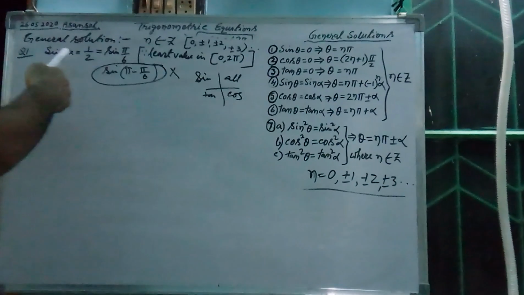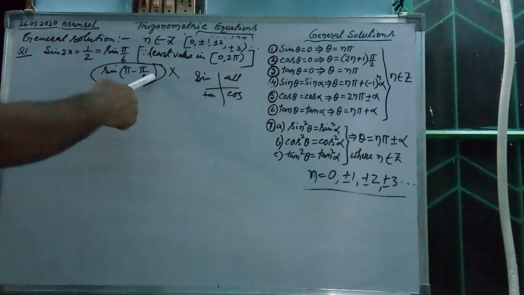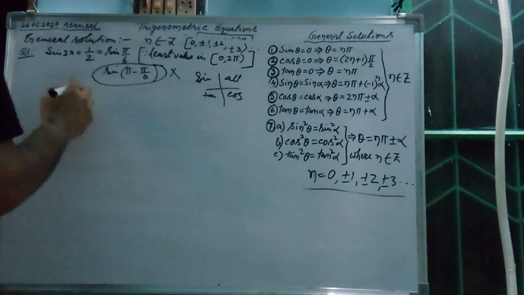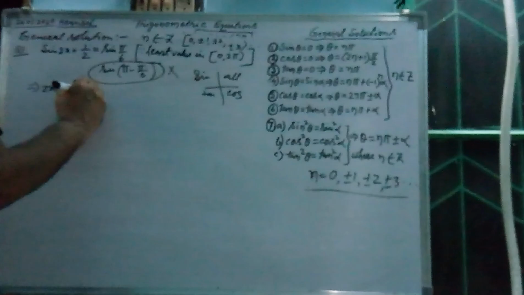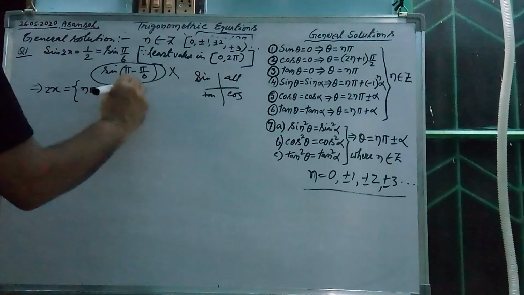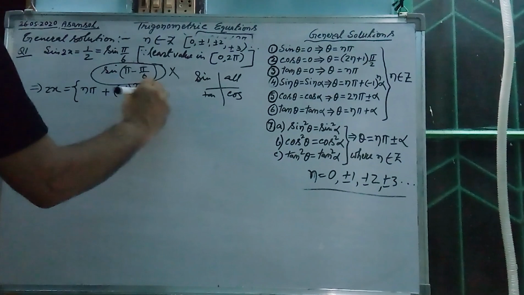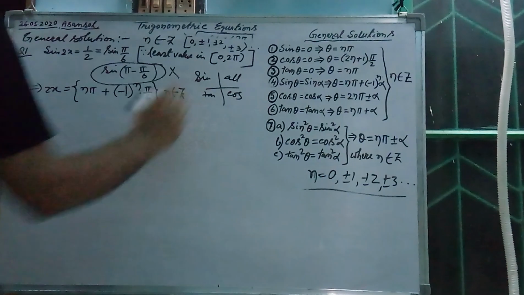That's why in place of half we take sin pi by 6, not sin of pi minus pi by 6. Okay? This implies 2x is equal to n pi plus minus 1 to the power n into pi by 6, where n belongs to Z.